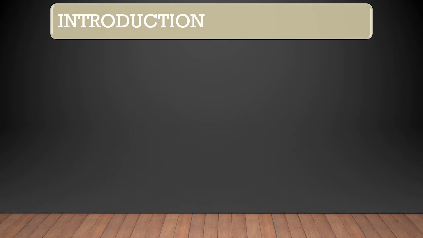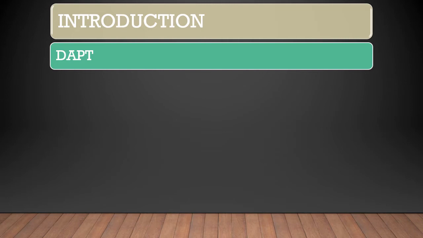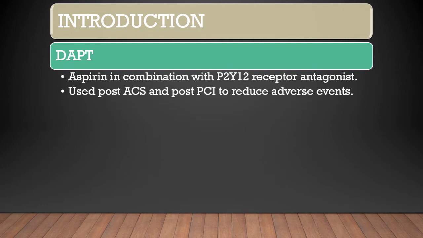We begin our discussion with the introduction of dual antiplatelet therapy. Aspirin in combination with P2Y12 receptor antagonists is referred to as dual antiplatelet therapy, and it is used in patients who have had an acute coronary syndrome and patients who have undergone PCI to reduce the various atherothrombotic adverse events.